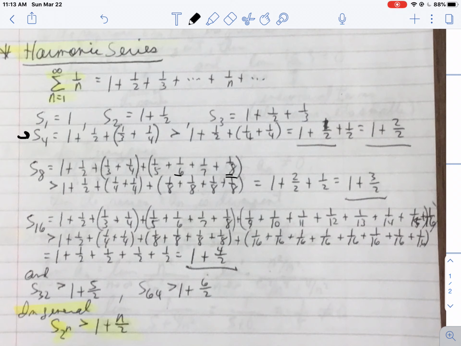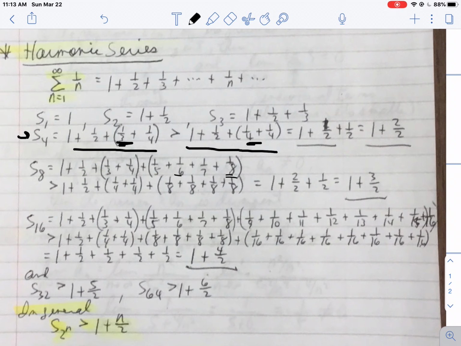Look what we're doing here. I am replacing 1/3 with 1/4. So I'm making a comparison between the sum of these 4 terms and the sum of these 4 terms. And since 1/3 is greater than 1/4, then 1 plus a half plus a third plus a fourth is greater than 1 plus a half plus a fourth plus a fourth.